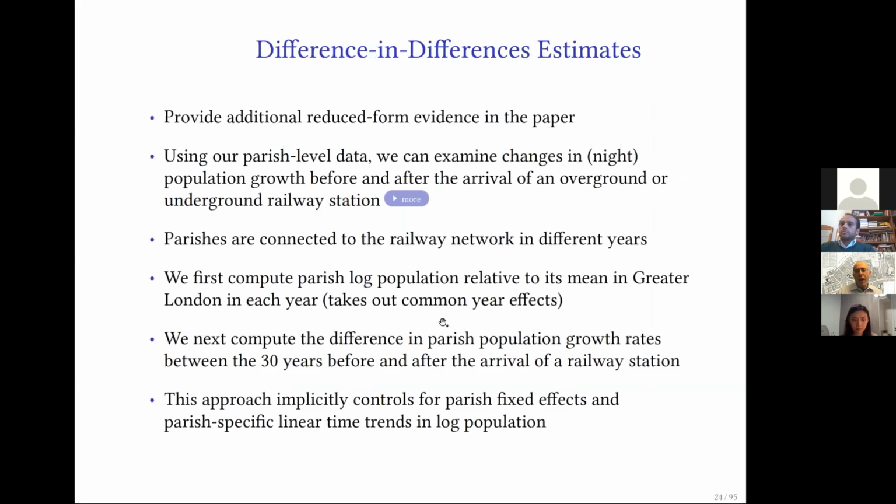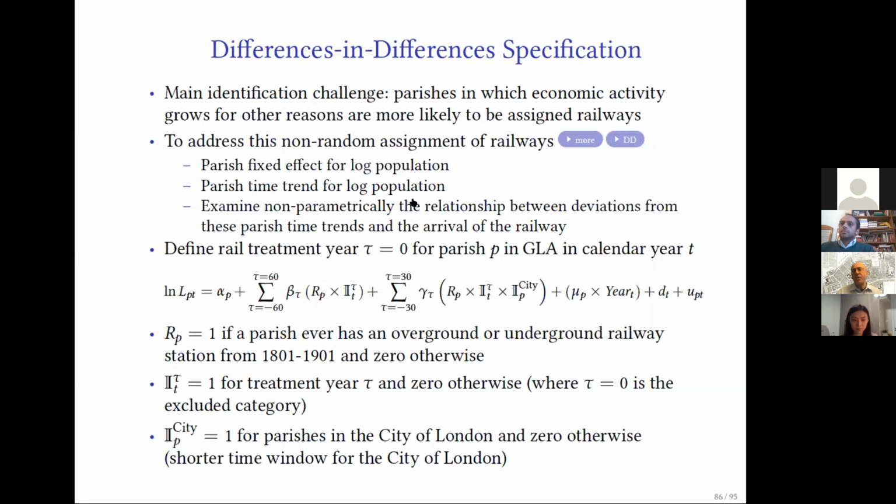But I can dive in a little bit more detail into the reduced form evidence just briefly so as not to take up too much time. In the paper, we look at the timing between the arrival of the station and changes in population growth in a much more detailed way. And the way economists do that is what's often referred to as an event study, where you look at an event, which is here, the opening of a railway station, and you compare places that get treated with the event to places that don't get treated with the event every year before and after the event.